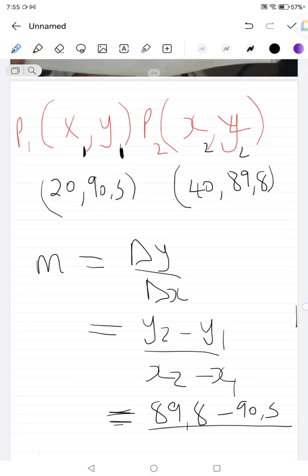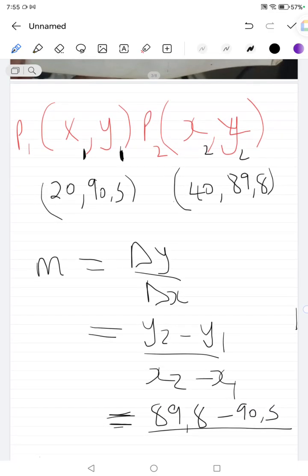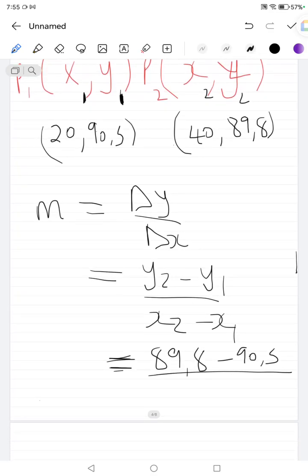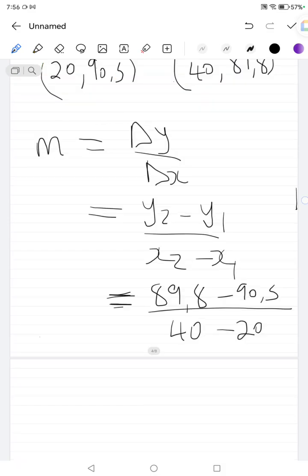Then we said y2 minus y1, we have 89.8, then that side is 90.5. Then here we're going to be having your 40, then that side minus your 20.